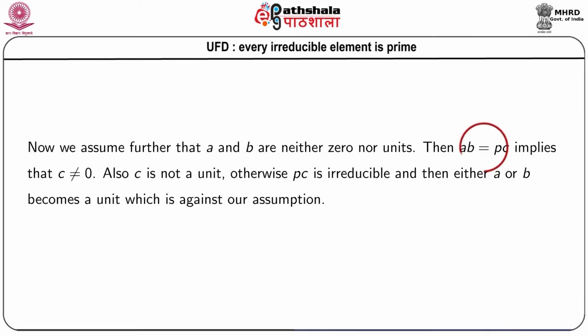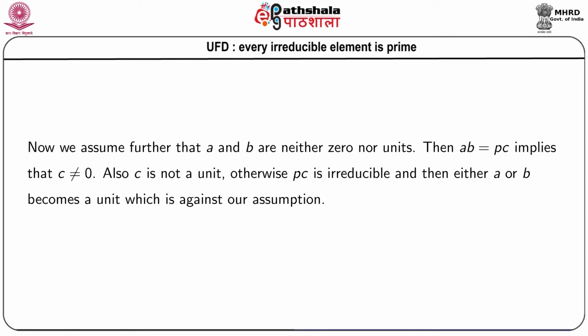Then AB equals PC implies that C is not equal to 0, because we have assumed that neither A nor B is 0 and it is an integral domain. Also we show that C is not a unit, otherwise PC, that is AB, is an irreducible element, which implies that either A or B is a unit, but we have assumed that neither A nor B is a unit. So, it follows that C is not a unit.